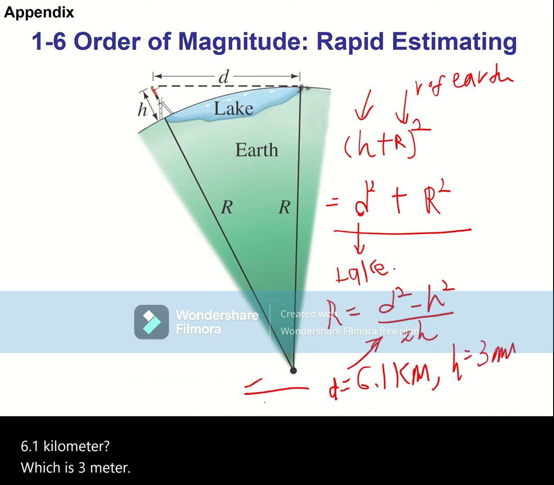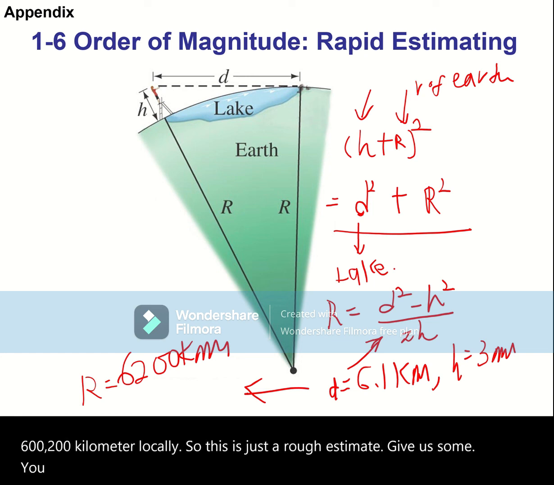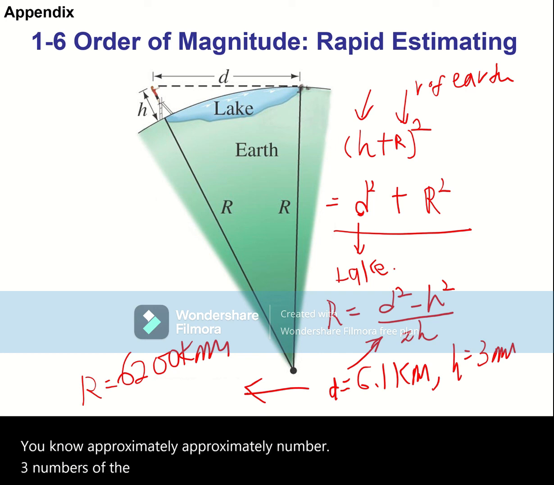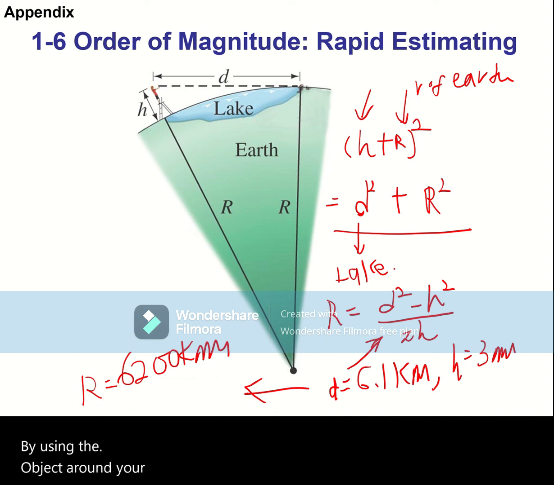So R must be 600,200 kilometers roughly. So this is just a rough estimate. It gives us some approximate numbers of the physical quantities. So even without precise measurement, by using the objects around your physical quantity of interest, you can actually estimate the actual numbers.